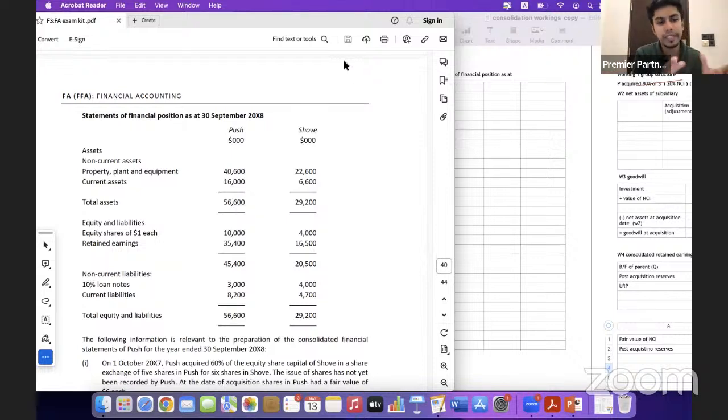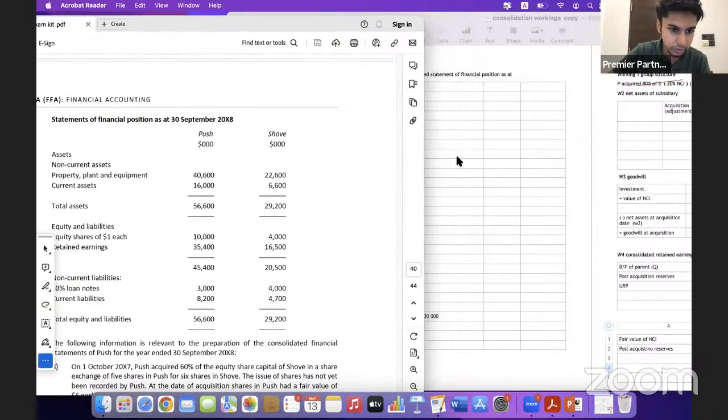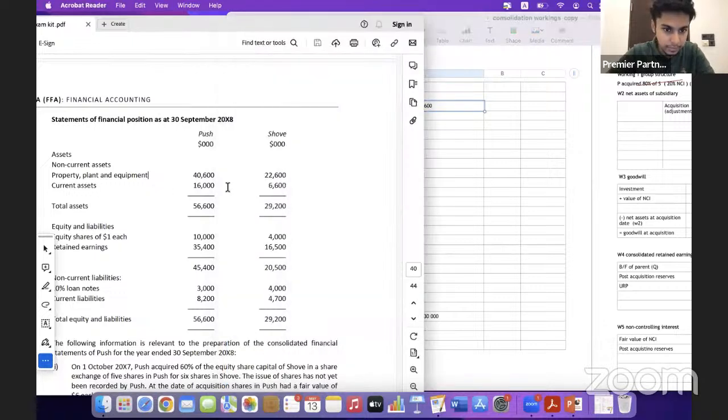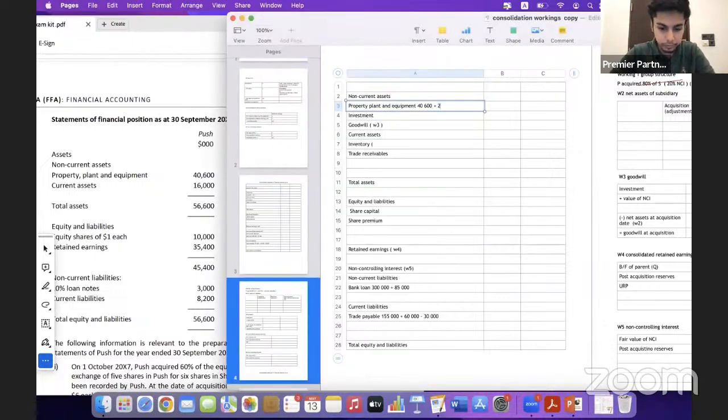Understood? So whenever they ask you what's the value of a non-current asset or a current asset or a non-current or a current liability, all you need to do is parent plus sub, add it with the adjustments. Okay, so let me do that first. So they're asking non-current asset value. I have property, plant and equipment. So let me add that one, guys, over here, which is 40,600 plus 22,000.